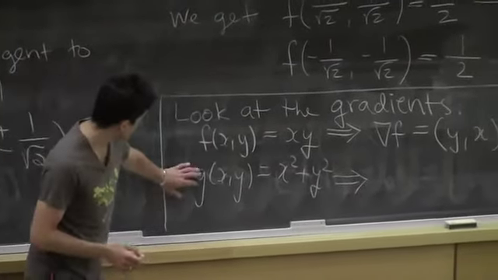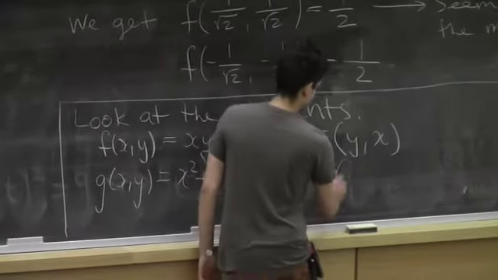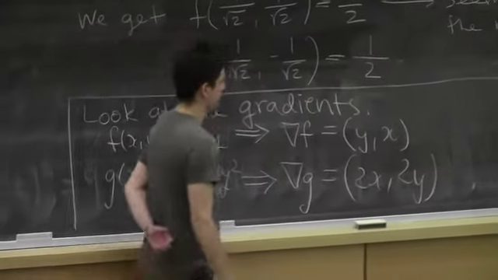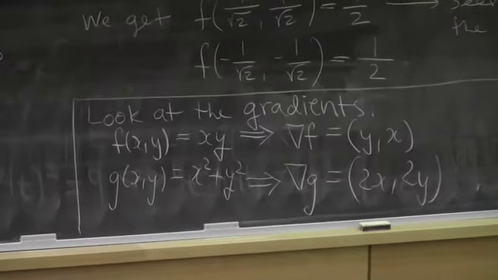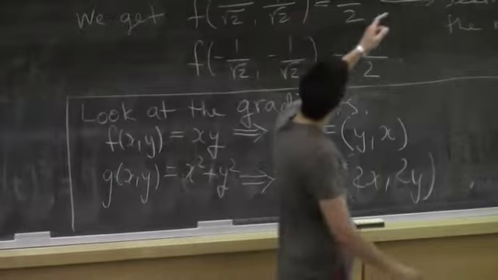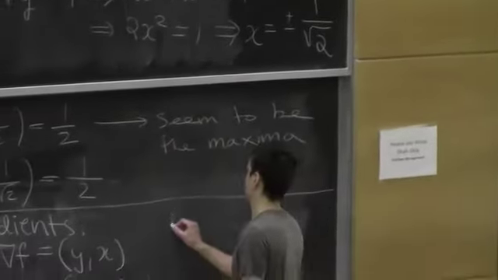Okay, and our constraint is this guy here. Okay, so these functions look quite different, but I want to observe what happens at the points of intersection.